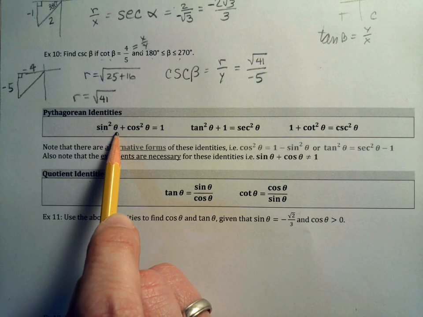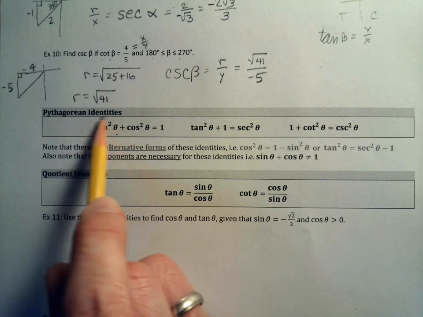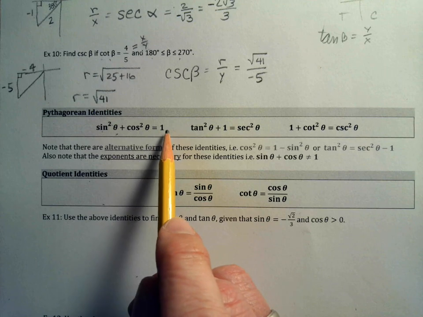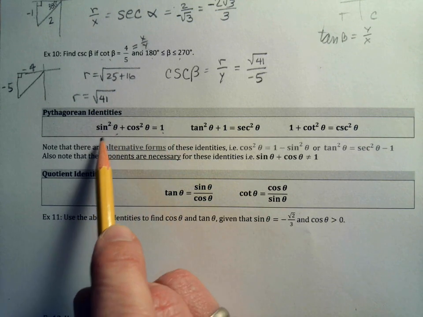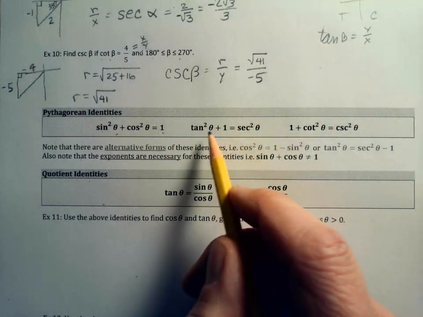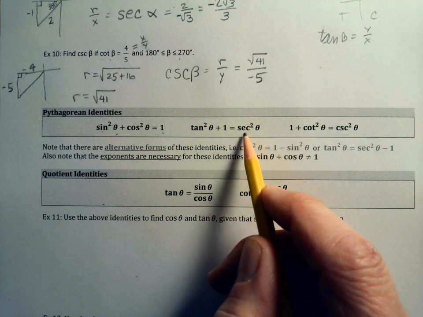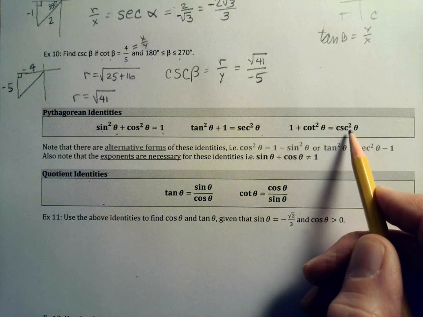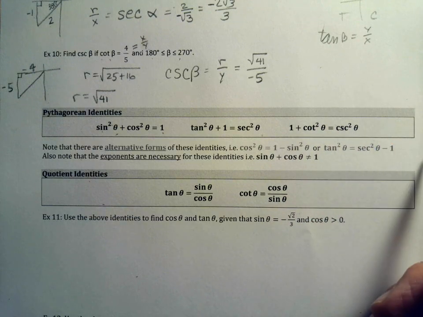Again, I'm not squaring the angle, I'm taking the ratio and squaring it. And then I add it to the cosine squared. That will be equal to 1. So sine squared theta plus cosine squared theta is equal to 1. And then tangent squared theta plus 1 is equal to secant squared theta. And 1 plus cotangent squared theta is equal to cosecant squared theta.